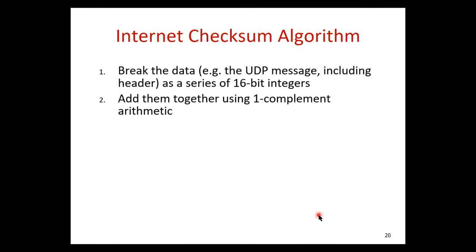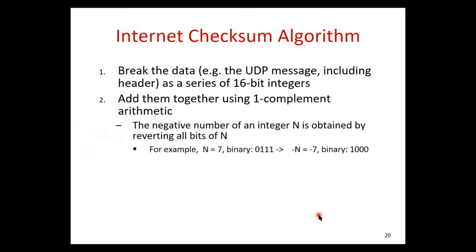But let's look in more detail at the checksum algorithm. So we break the data into 16-bit integers and add them together. Now this is the one complement arithmetic. How it works is that to represent a negative integer -n, you just revert all the bits of n.